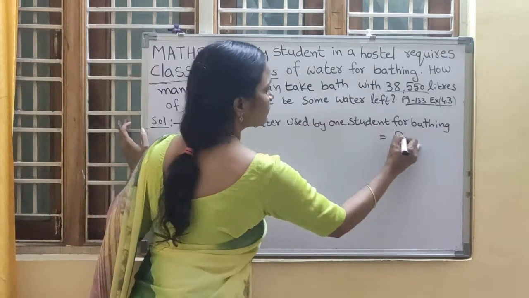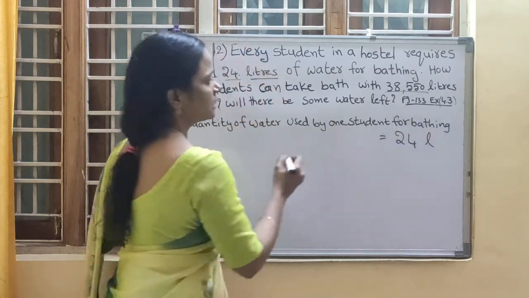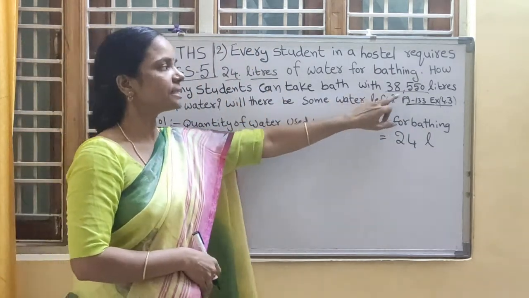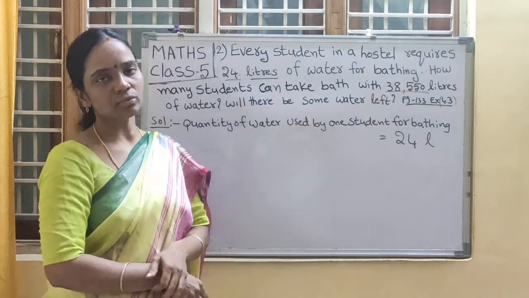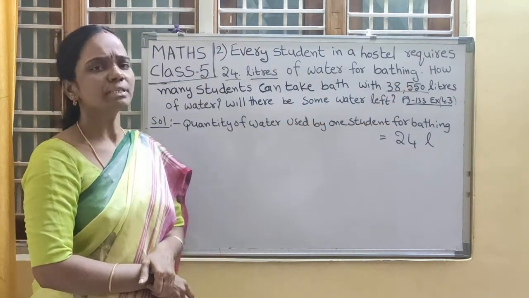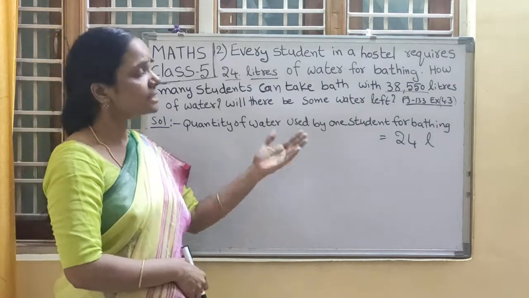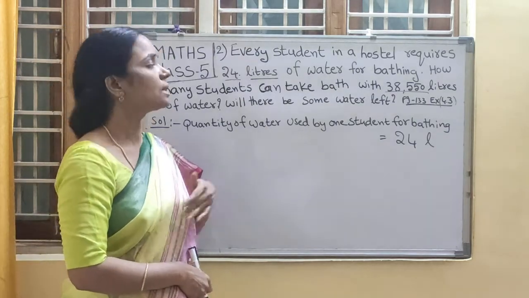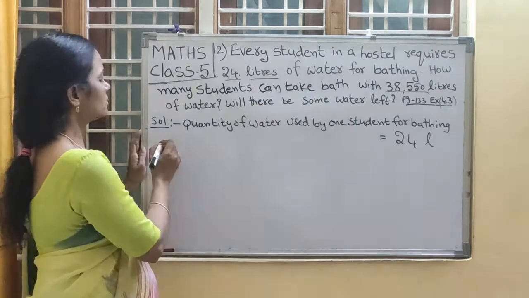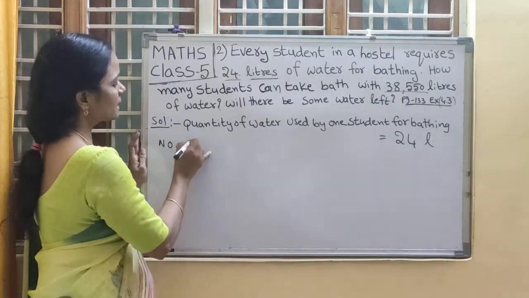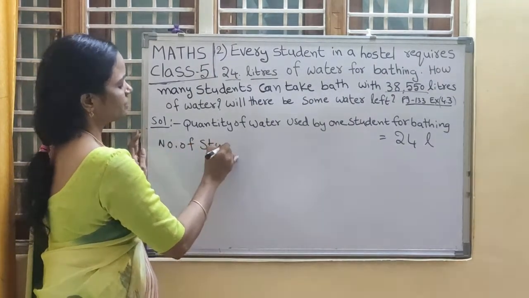Yes, 24 liters. But totally they have consumed 38,550 liters of water in that hostel. Means how many students are there in that hostel? How many students used this much water for bathing? We have to find that. So the second statement is the number of students.